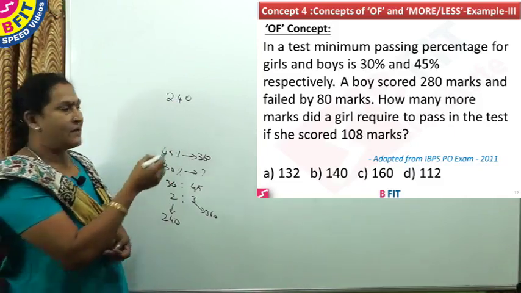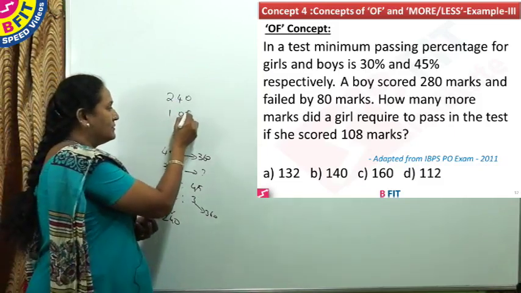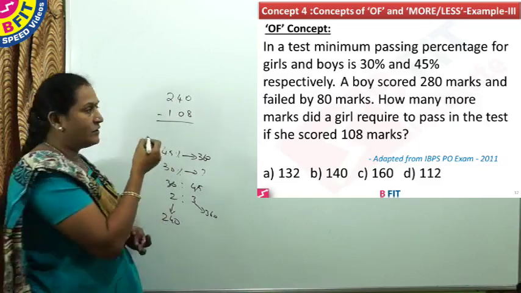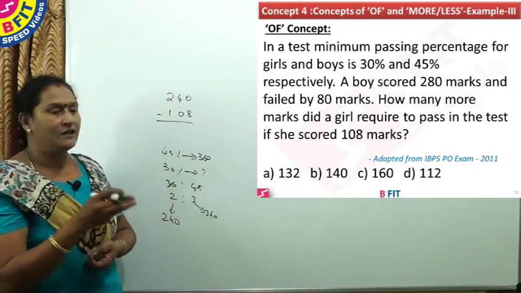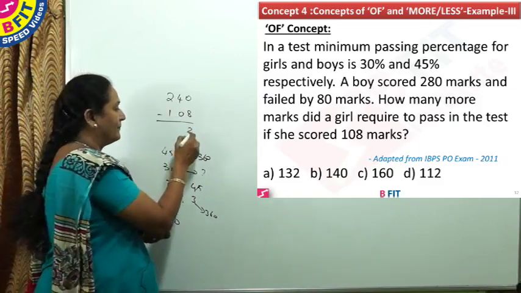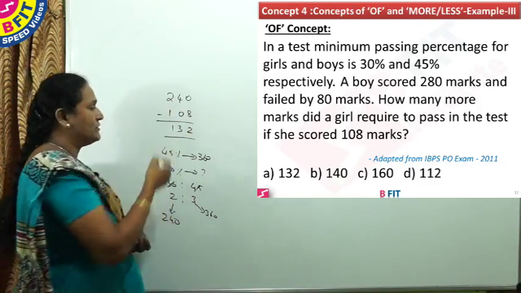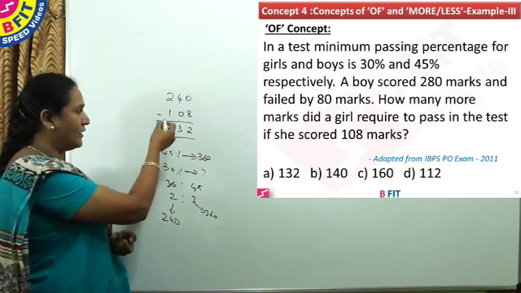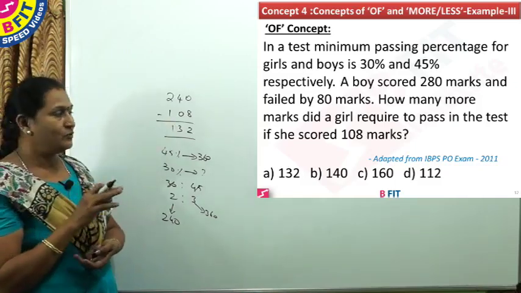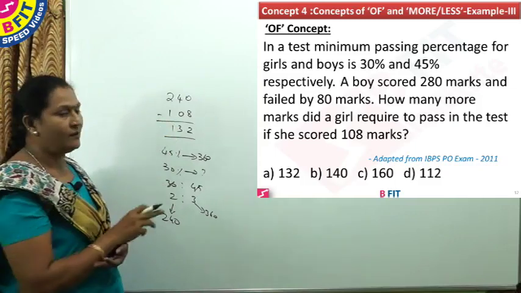But this girl had scored only 108. So subtracting, we get the required marks. So she needs 132 more marks to clear the exam. So getting 108, she needs 132 more marks. So it's option A, 132.